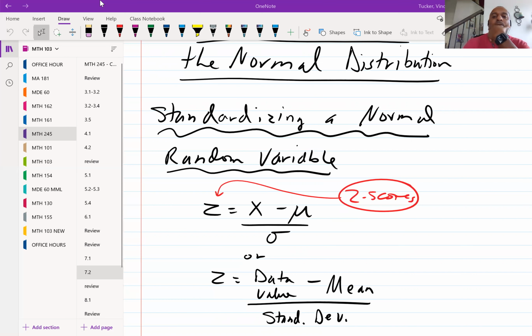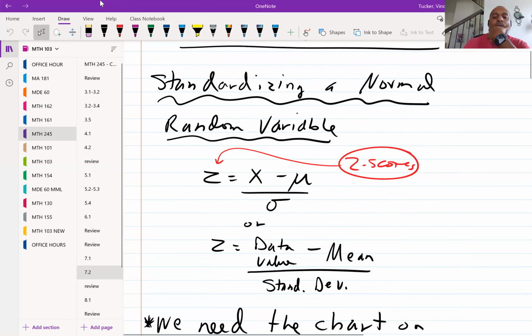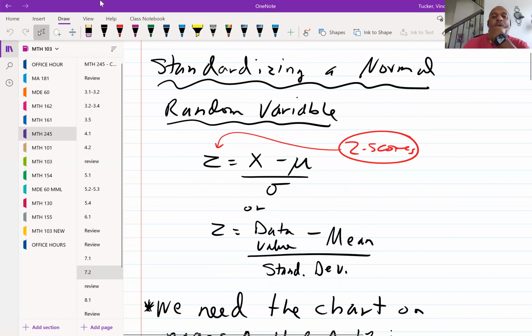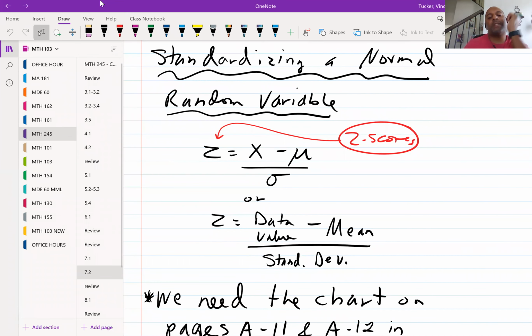So calculating your z-score will always be your data value minus the mean divided by standard deviation.